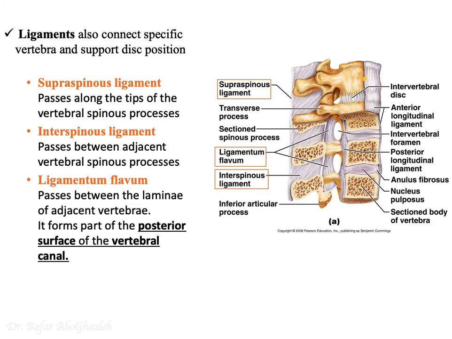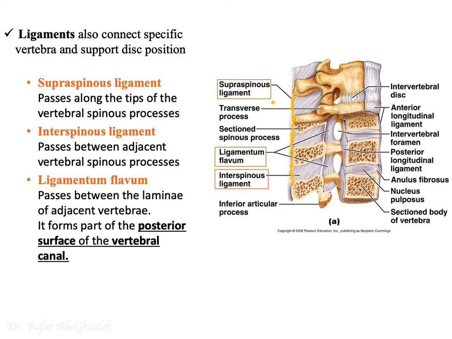If you move away from the body, to the back, look at these processes. There is a ligament between the tips of the spinous processes. This is the spinous process, and so forth. Between the tips of the spinous processes, you have this ligament.